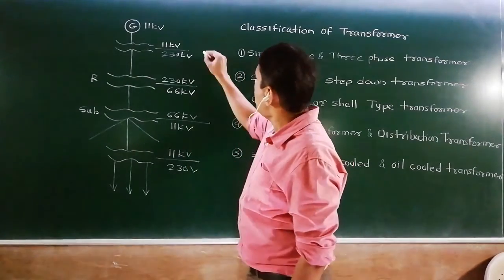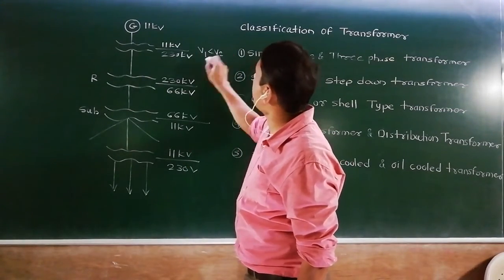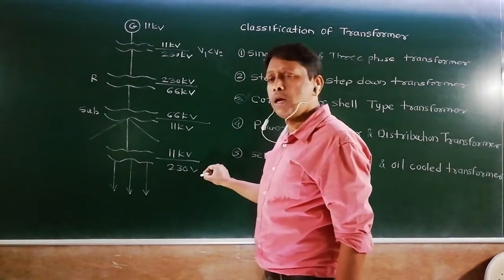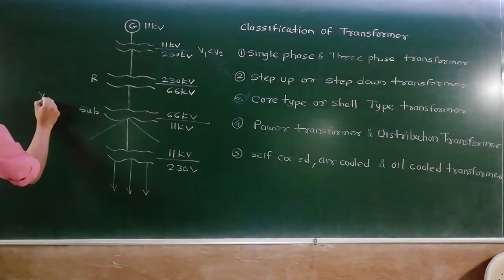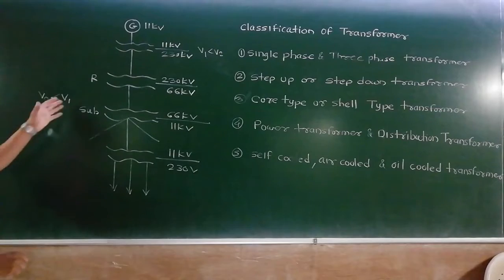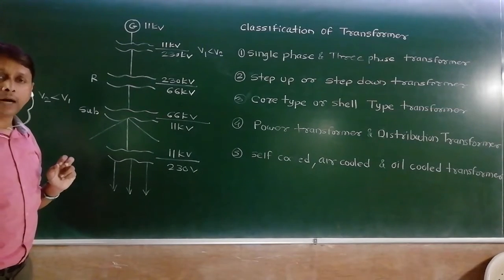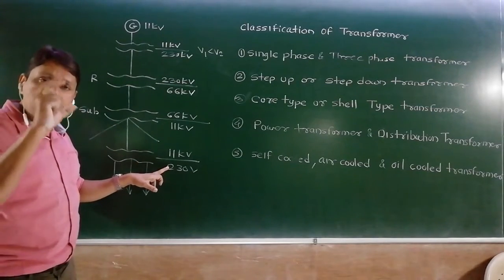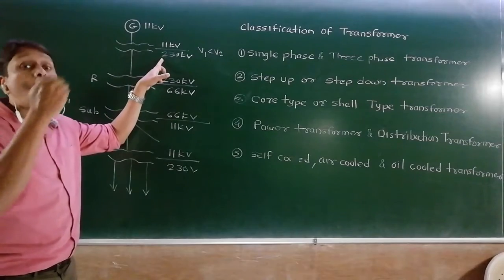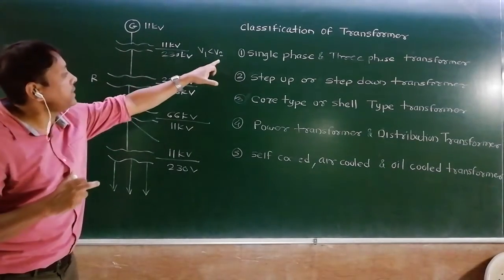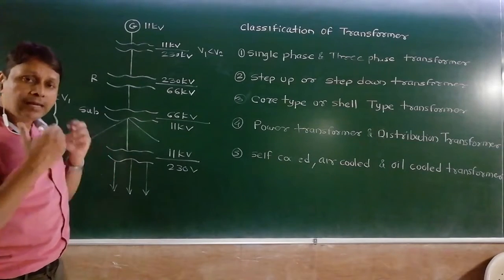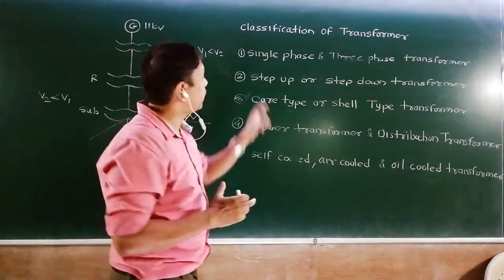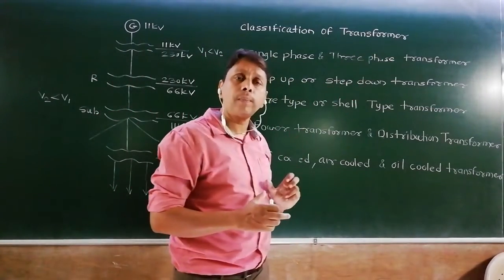So in a generating station, the voltage obtained is greater than the supply, and such transformers are called step up transformers. And those transformers where the voltage obtained, V2, is less than the supply, where V1 is more, are called step down transformers. Understood? In a generating station, only to increase voltage we use a step up transformer, where the voltage obtained is greater than the supply. And in a step down transformer, the voltage obtained is less than the supply. Understood?